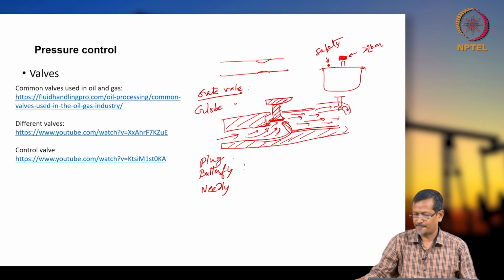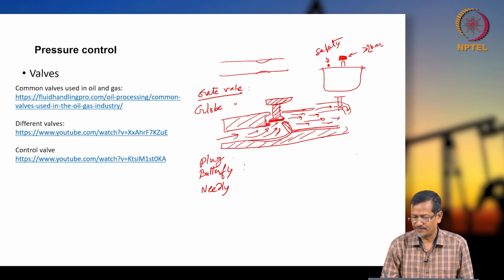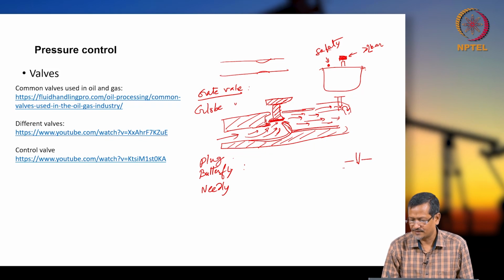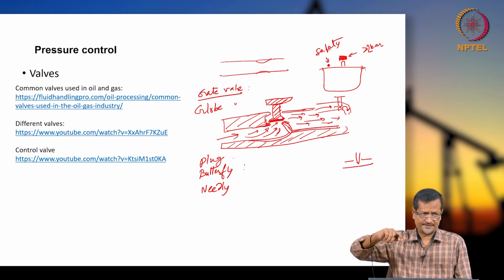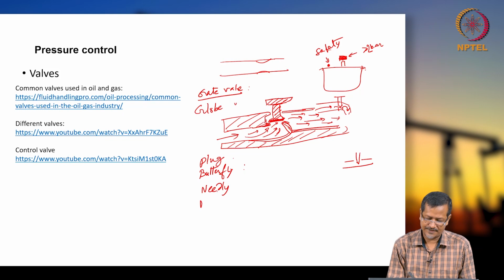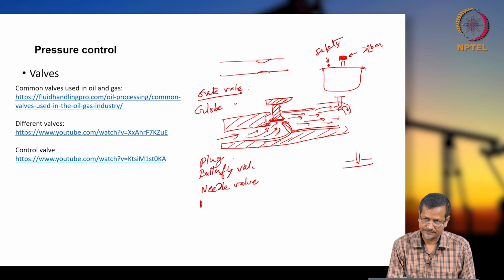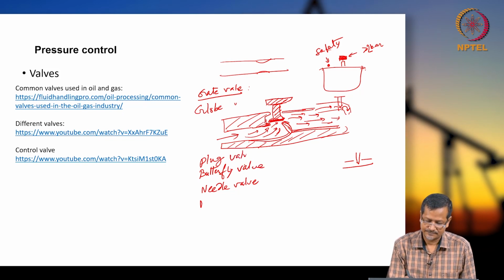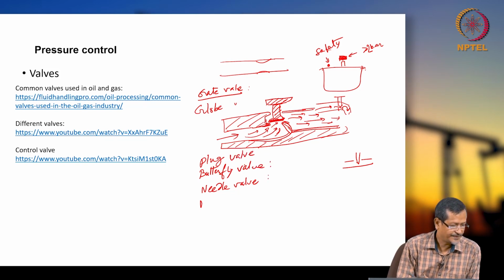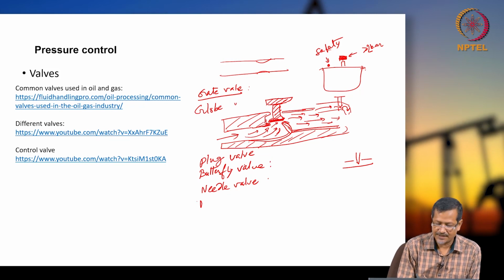In a needle valve we have one needle, and your flow path will be controlled more precisely. So this is called needle valve. Then I have pressure relief valve.